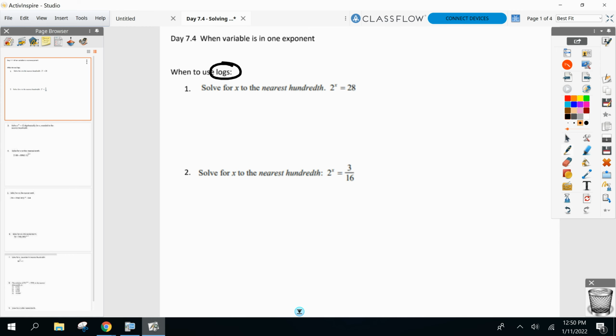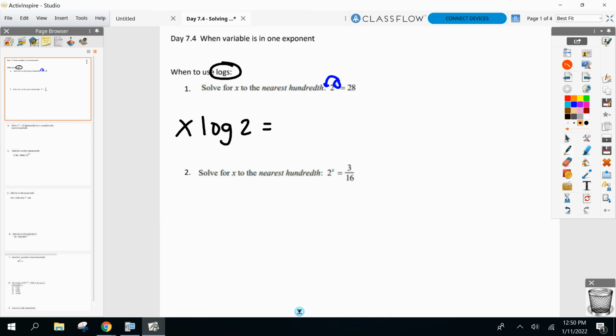So we can't change 28 into a base of 2, but I could still bring the x down from the exponent. If you want to do that, which we do, put the x out in front. If you want to do that, you need to take the log of the base. So when I bring the x down, I need to take the log of whatever the base was, which is 2.